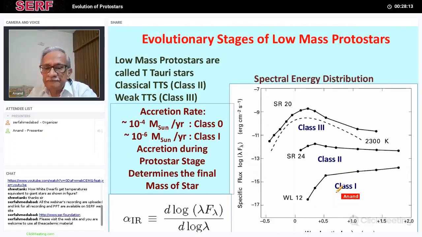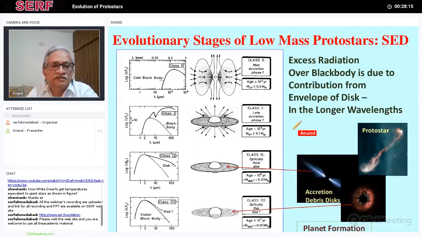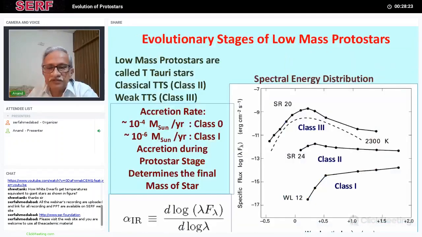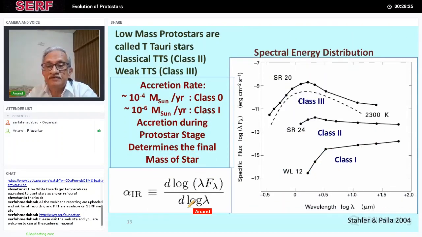Here also you can see the earlier graph, they're almost flat. The same thing is depicted here, actual observations. So this is flat. Why? Because of the excess radiation coming from the infrared envelope.